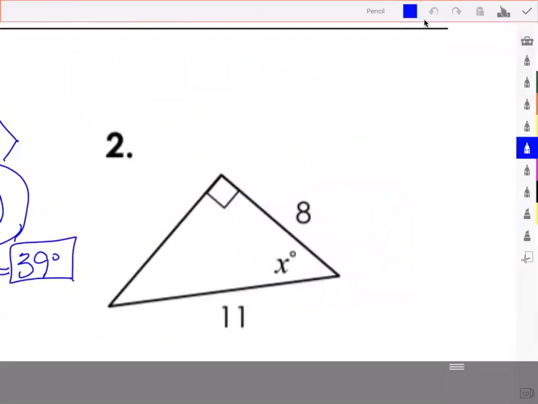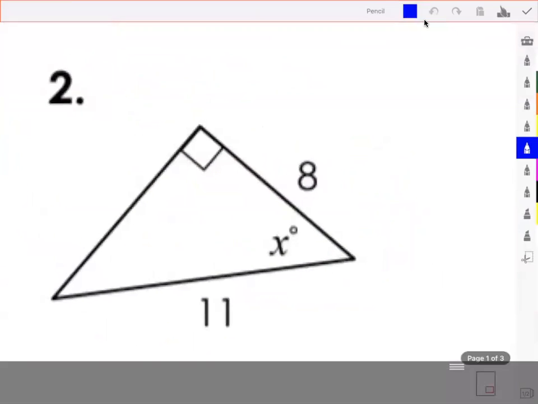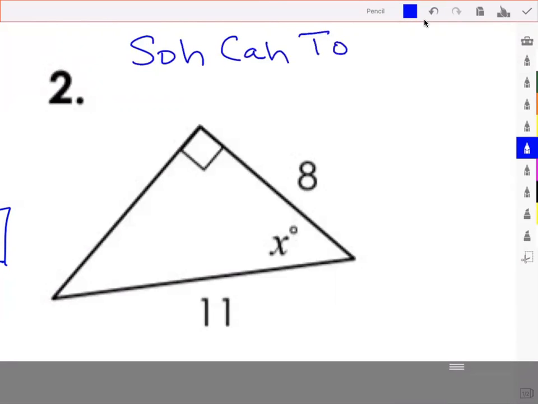Okay, let's try a second one. All right, so I'm going to start with SOHCAHTOA. And let's identify whether we're given the sine, cosine, or tangent. So I always like to look for, not sine, cosine, or tangent, sorry, the opposite, adjacent, or hypotenuse. So I always look for hypotenuse first. So this one is hypotenuse.